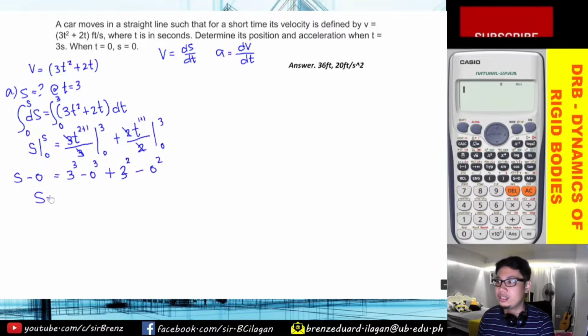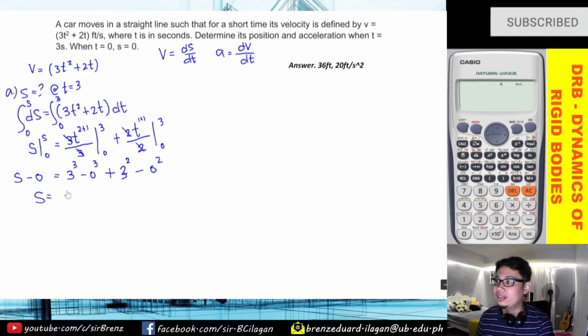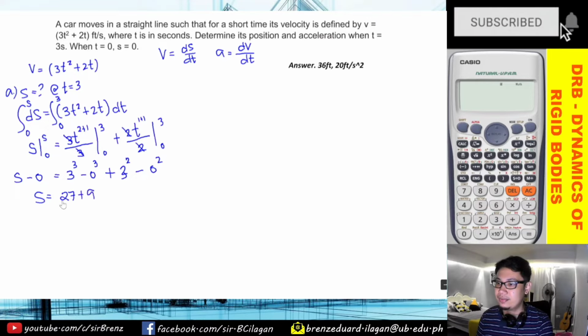So the value of your displacement will be equal lang sa, what is 3 cube? I think kailangan natin 3 times 3, 9, times 3, 27 plus 9, or that will be equal sa 36 feet. Ayan, napalabas natin.